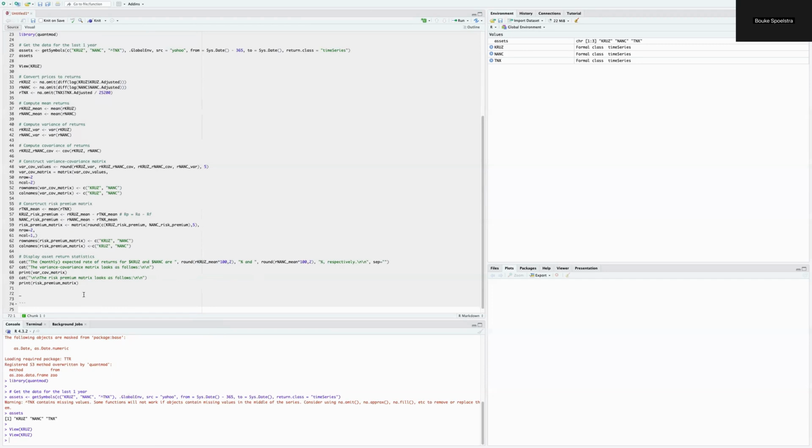So now we'll get into the optimal weights. For that, the first step is, like we mentioned, the inverse of the variance covariance matrix.